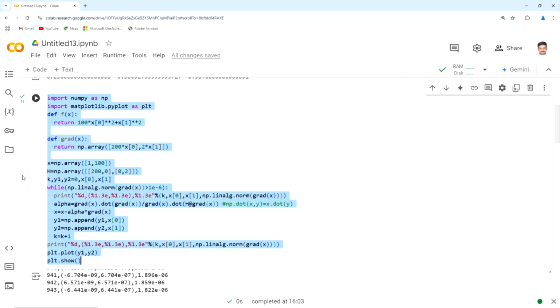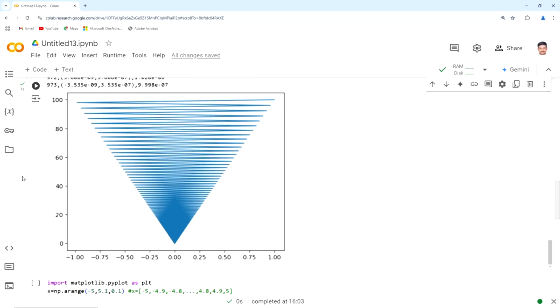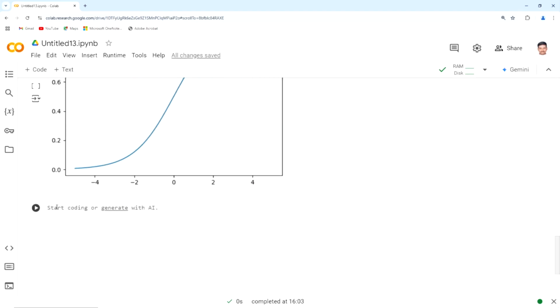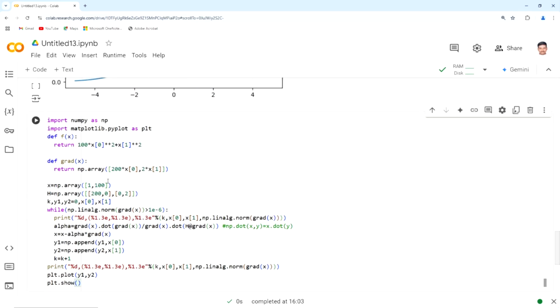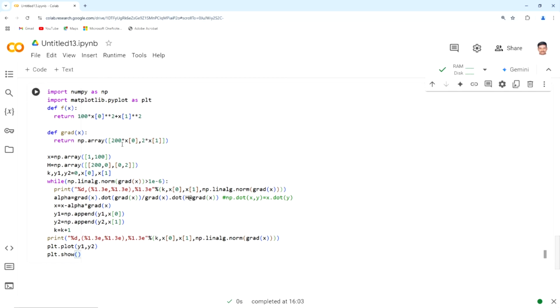So, I will write it as a separate algorithm. I am just copying the algorithm in the first place, because the structure is more or less the same except for the exact line search algorithm.